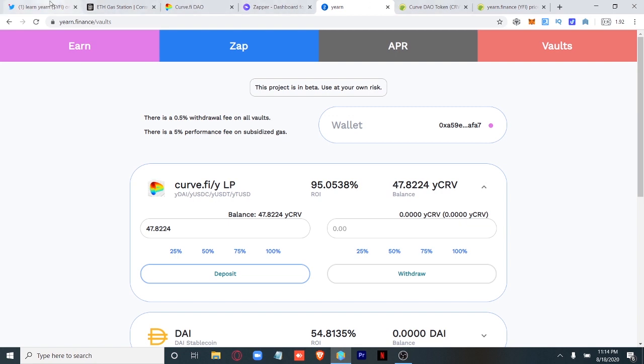Basically, if you deposit your money in vaults, what Yearn does is they take that money and they put it in the most profitable curve pool that is there on a certain day, for example. So they put it in the most profitable curve pool so that they can get you the highest amount of profit.